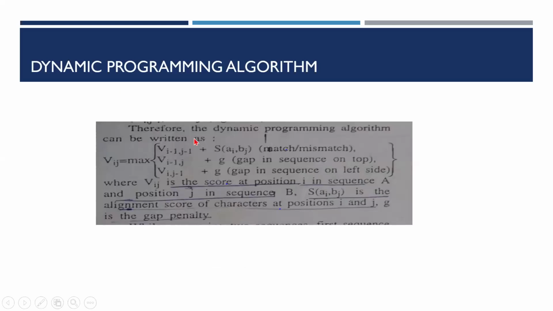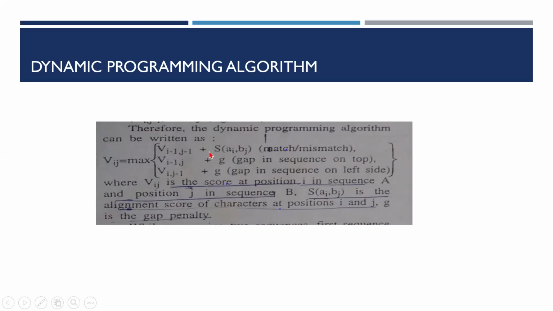Therefore, by knowing these 3 positions of the values to fill the alignment score in a particular cell Ij, the dynamic programming algorithm can be written as Vij should be maximum of the value present in Vi minus 1, j minus 1. I hope you remember I minus 1, j minus 1 is the diagonal position value.